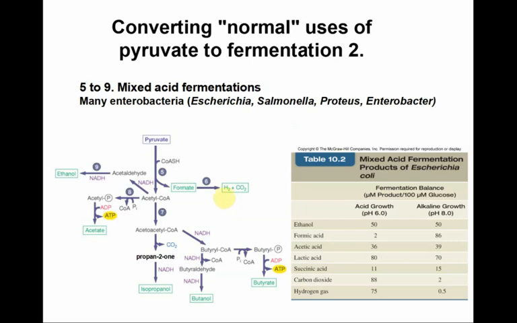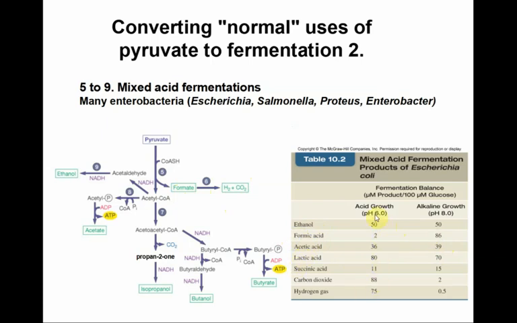So as the pH goes down, E. coli will produce another enzyme, called formic acid lyase, I believe. It's going to split formic acid into molecular hydrogen and CO2. So at alkaline pH, formic acid is going to be one of the main fermentation products, but as the pH goes down, E. coli will produce its enzyme and split up the formic acid into molecular hydrogen and CO2.